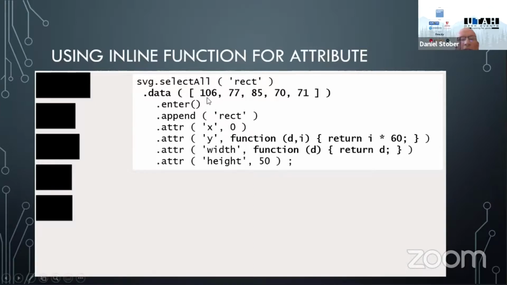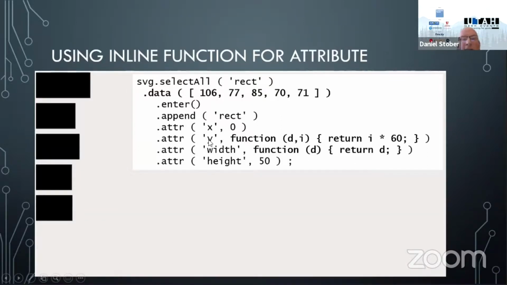And so with each iteration, it will return the value of that element. And so you can see the first one, that one is 106 pixels wide. The second one is 77 pixels wide. The third one is 85 pixels wide, et cetera, down through the whole data set.